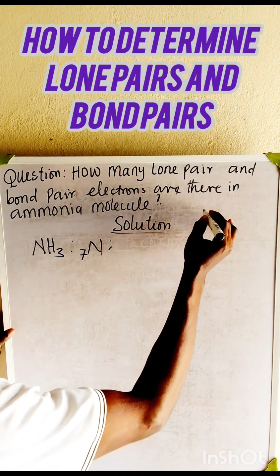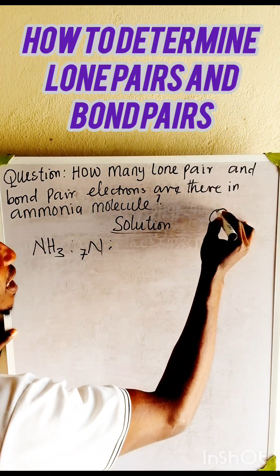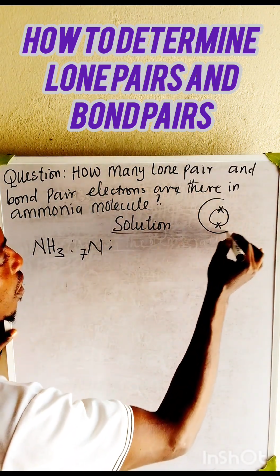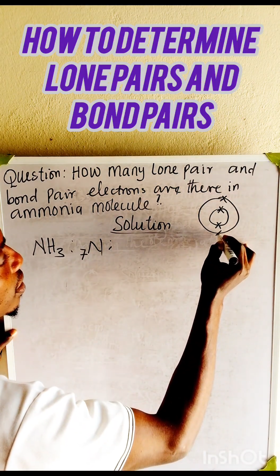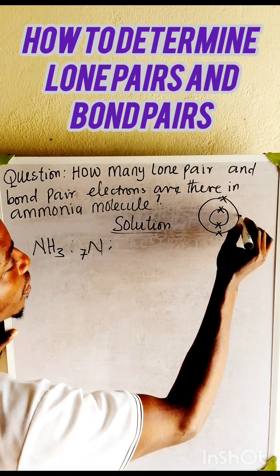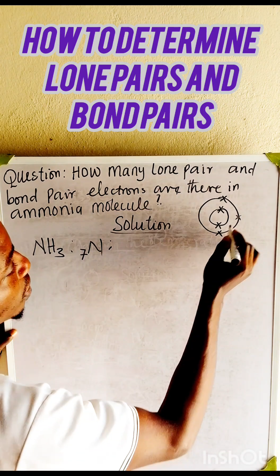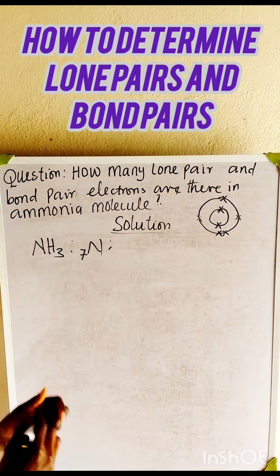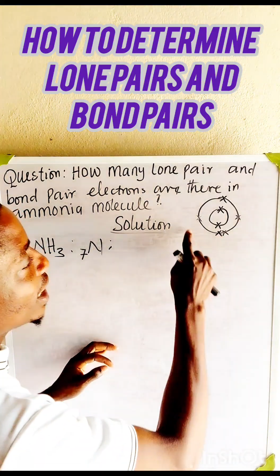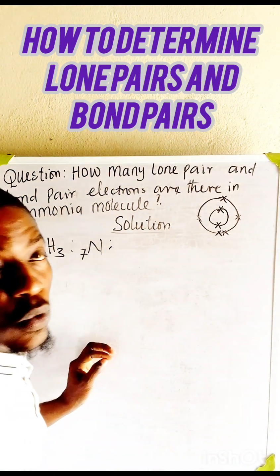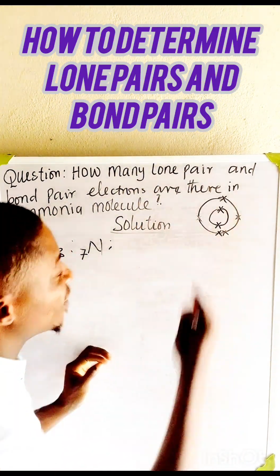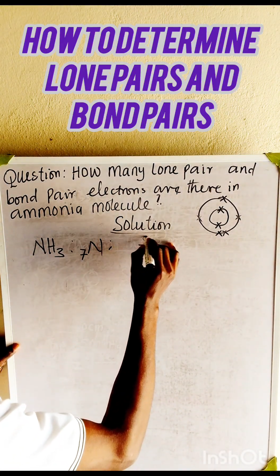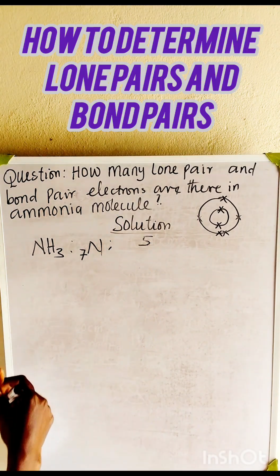The electron configuration is 2, 5, so we have 5 electrons in the outermost shell. This last shell is what we call the valence shell. So for nitrogen, the valence electron is 5.